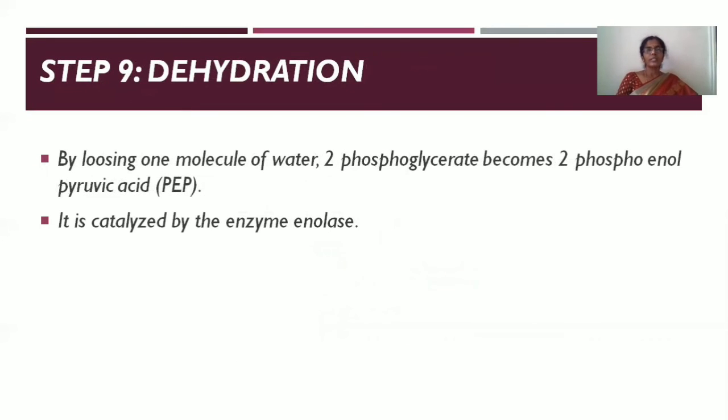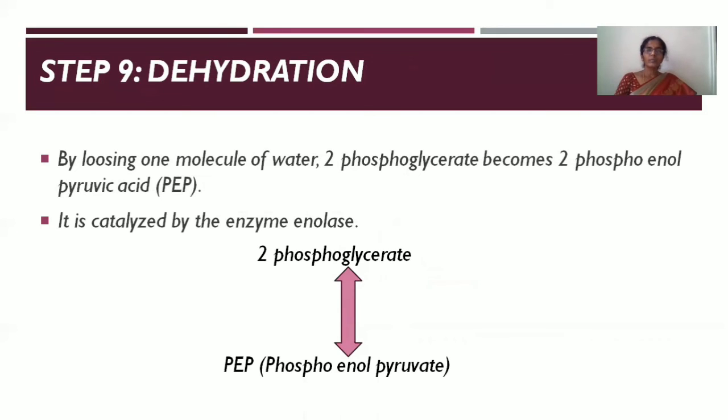The next reaction is dehydration. Dehydration means losing of water molecules. Here 2-phosphoglycerate loses a water molecule and converts into PEP, that is, phosphoenol pyruvic acid.